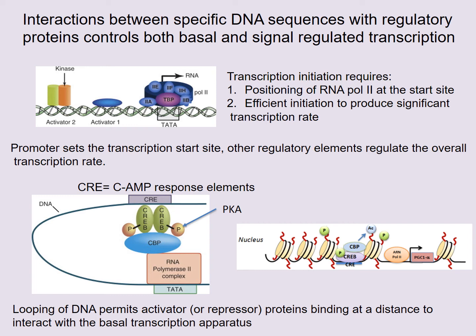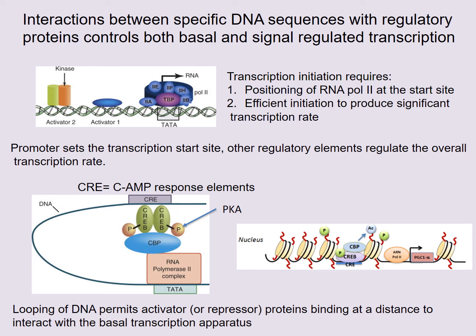Now, these regulatory elements are all cis regulatory elements because they're present on the same DNA sequence from which the gene is transcribed. Activator 1 and activator 2 sites are usually palindromic sequences to which different transcription factors are going to bind. And as presented in the top panel, these transcription factors, either their binding or their activity once they're bound, can be regulated by kinases.